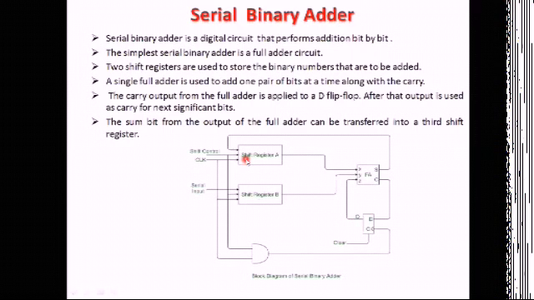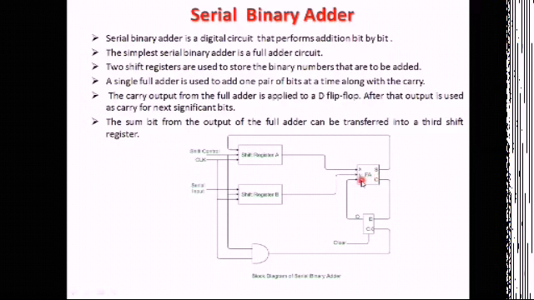A shift register is a group of flip-flops used to store multiple bits of data. There are two shift registers used in serial binary adder. In one shift register, the augend is stored and in another shift register, the addend is stored. That is, A and B are stored. Next is the full adder. The full adder, as you already know, is the combinational circuit that takes three inputs.